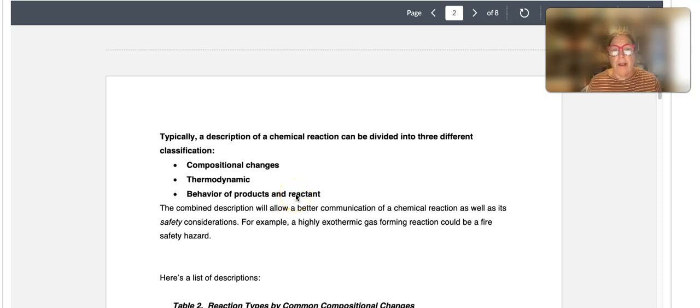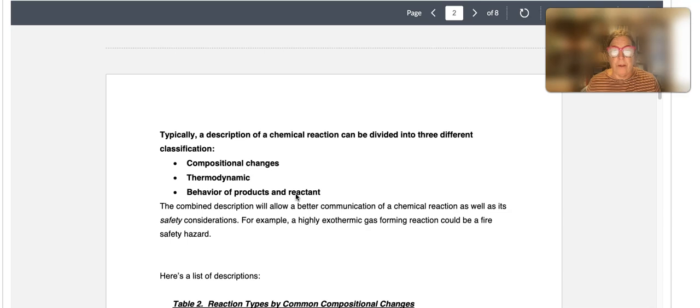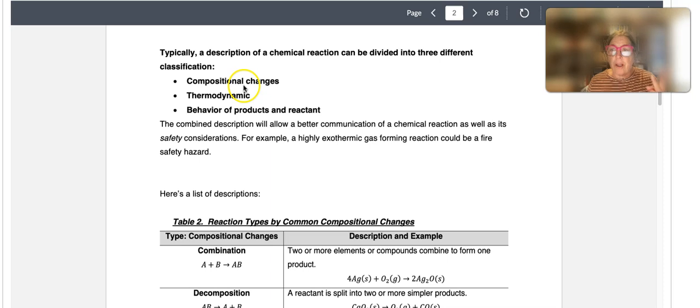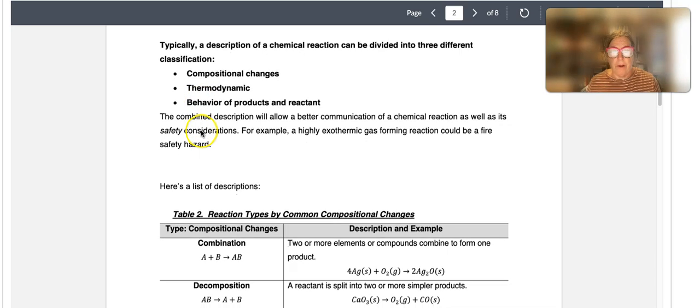For example, does a precipitation occur or does a neutralization occur? So in other words, when they ask you to classify the reaction, you have to make 3 classifications: compositional change, thermodynamic change, and product and reactant behavior.